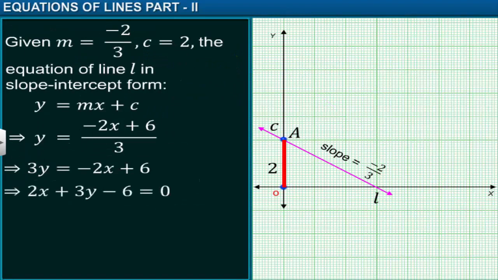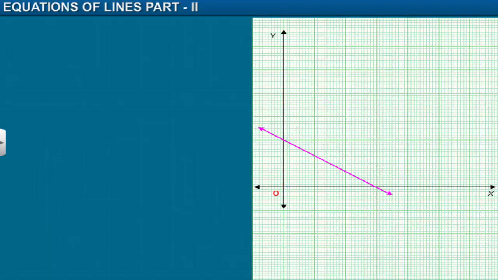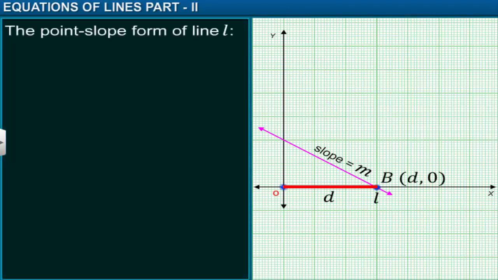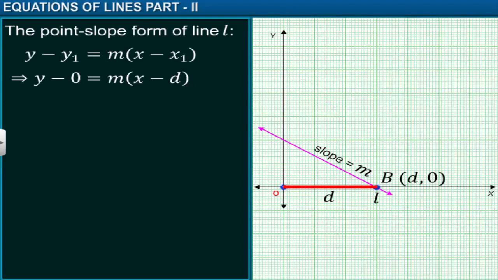Now, consider a line L with slope m whose x-intercept is given as d. This means that the given line passes through the point (d, 0). Putting the values of the slope of the line and the coordinates of point B in the point-slope form and simplifying, we get the required equation as y is equal to m into (x minus d).